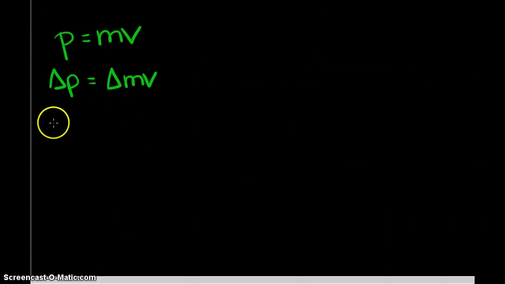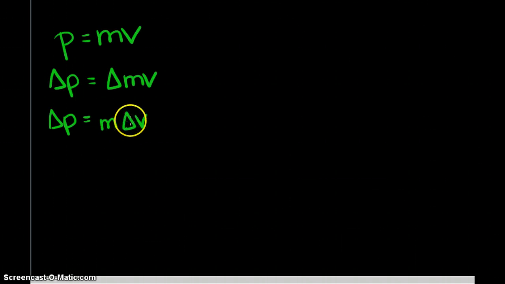And if we imagine a case where the mass of the system doesn't change, which is going to be true in most cases, then we can represent change in momentum as m times change in v, right?